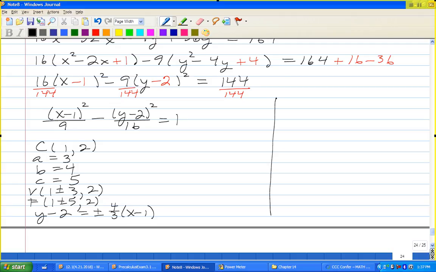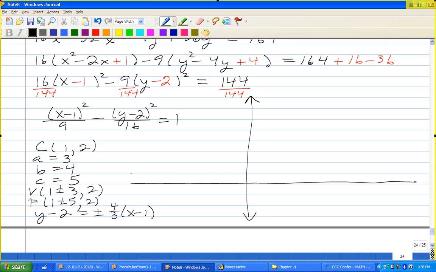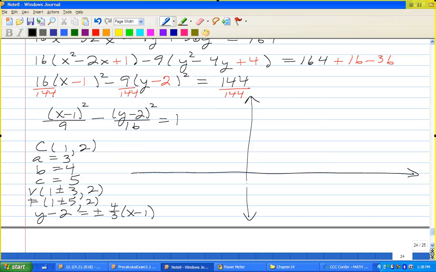Let's sketch the graph. So the center is at (1, 2). I go 3 in x, 4 in y.